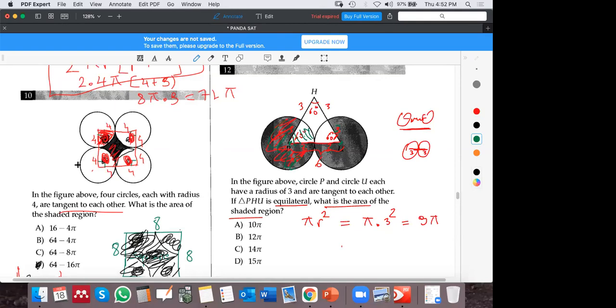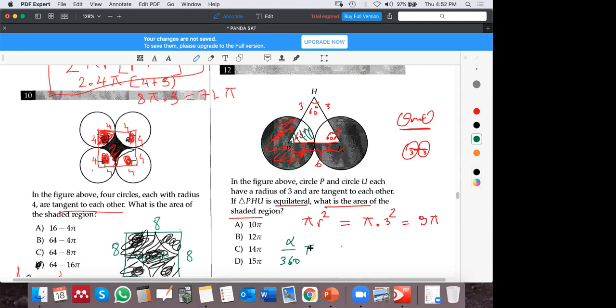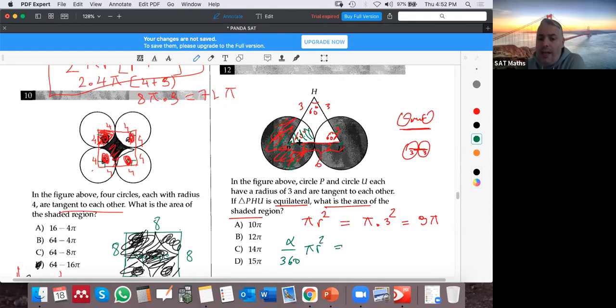So how can I calculate this? The same formula which I used in the previous question: alpha over 360 times pi r squared. What is alpha? 60. Why? Equilateral triangle means the angles are 60 degrees. So let me directly put 60 here, and then r is 3, so 3 squared will be 9. 60 over 360 times 9 pi.